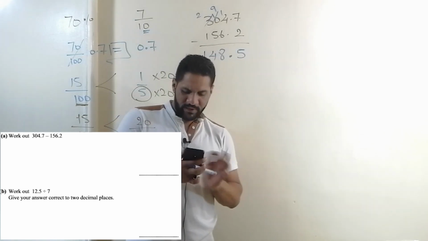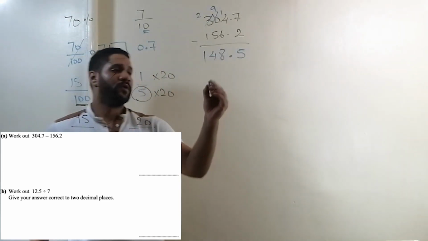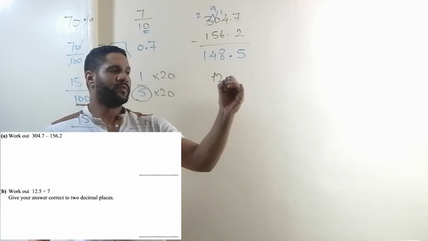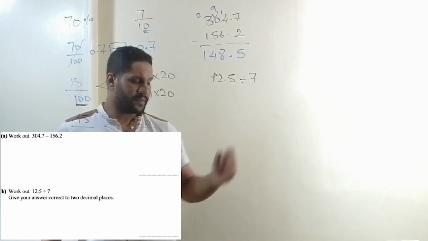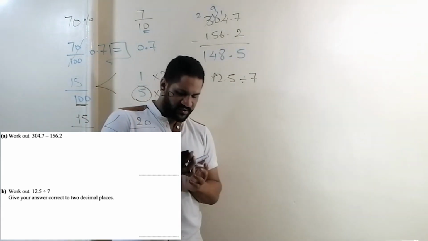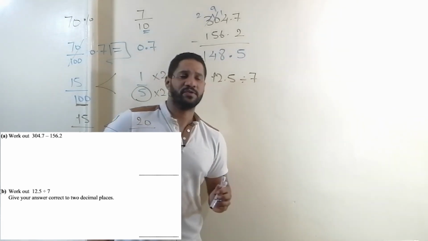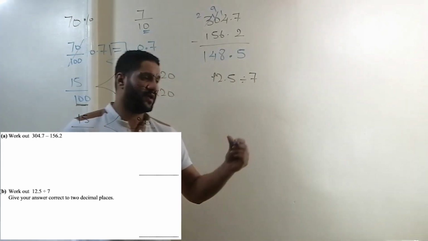If we look at 14b, he wants me to divide 112.5 by 7, and he asked me to make the answer to two decimal places. So we are going to start using the long division method.